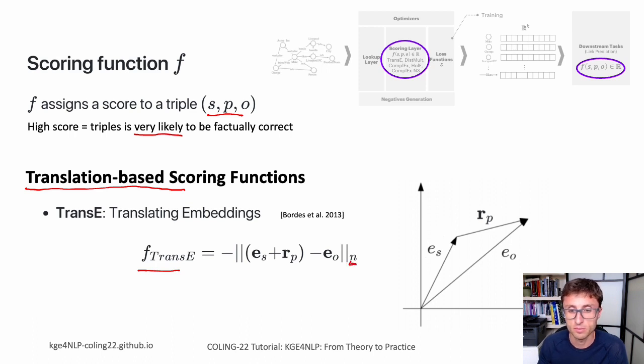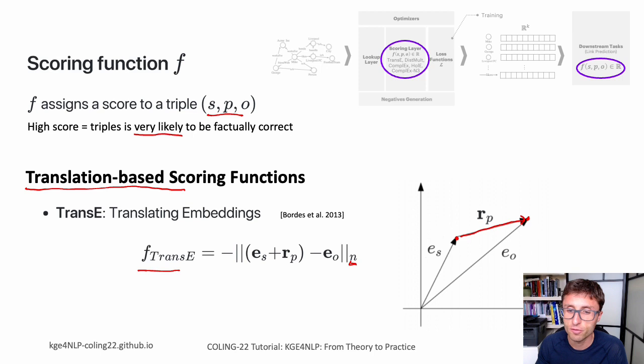It could be Euclidean distance or another kind of norm, but in general Euclidean distance is adopted, and it works like this. The translating embeddings function takes the embedding of the subject, E_S, adds the embedding of the predicate, R_P, and reaches a specific position in the embedding space.